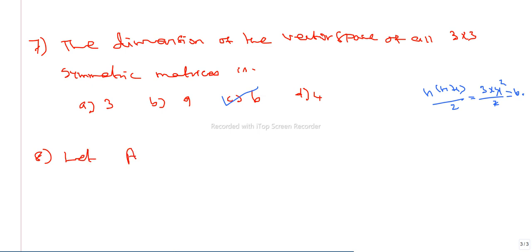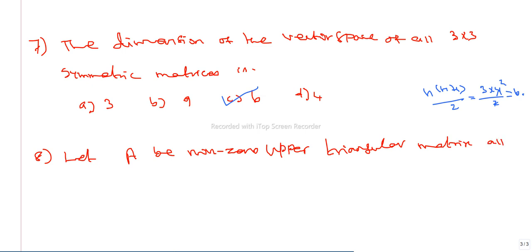Let A be a non-zero upper triangular matrix, all of whose eigenvalues, actually the diagonal entries, eigenvalues are 0. Then what can you say about the matrix I plus A?